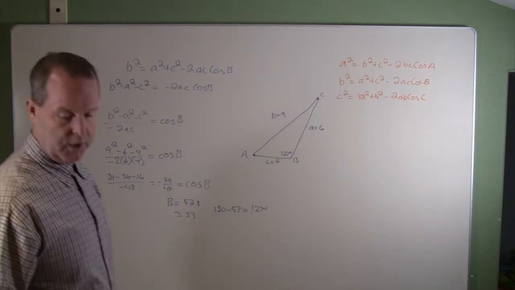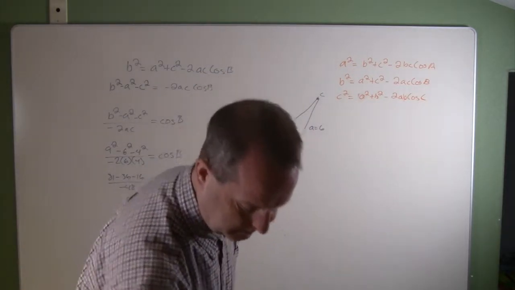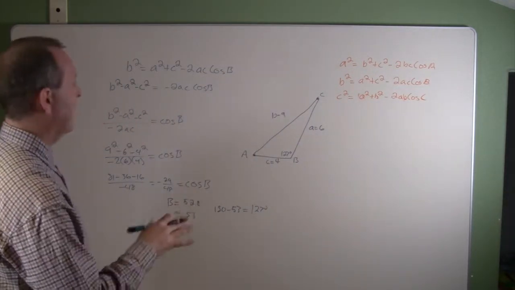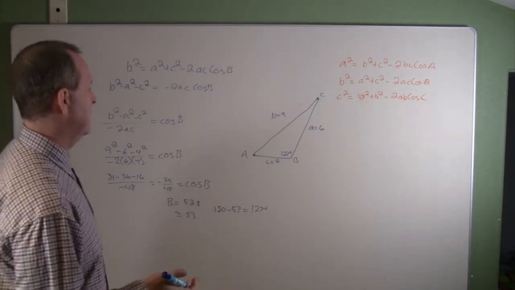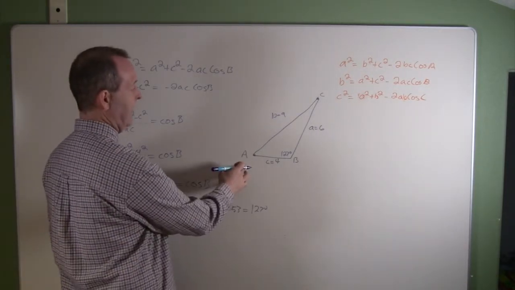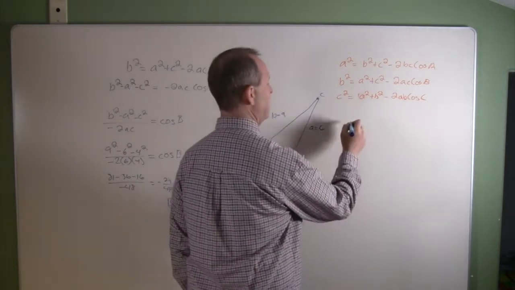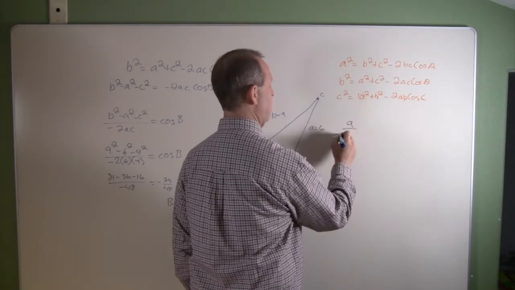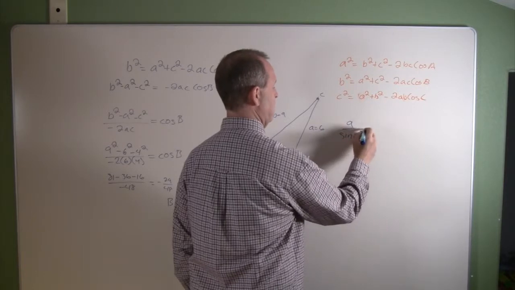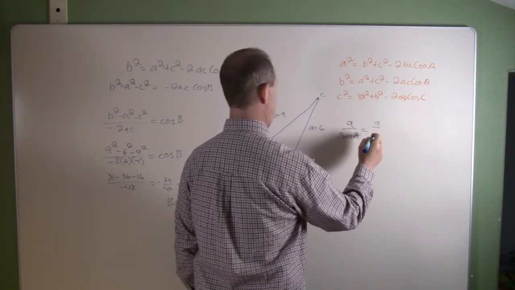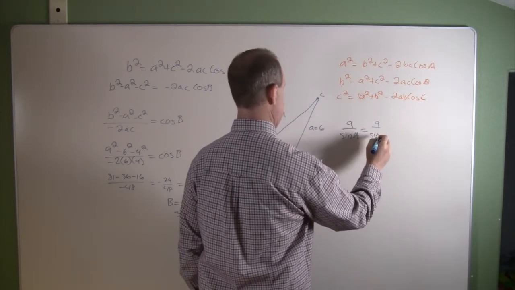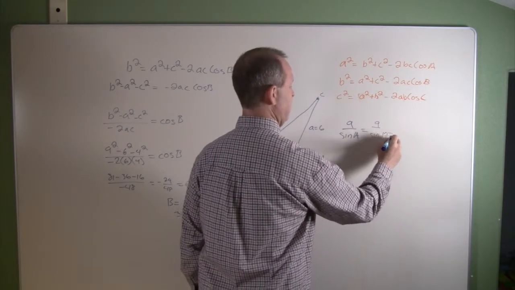From there, I can use my law of sines to figure out any other information I need. So I don't know angle A. So let's go ahead and do a over sine of A. I know the b's, so we can do 9 all over sine of 127.